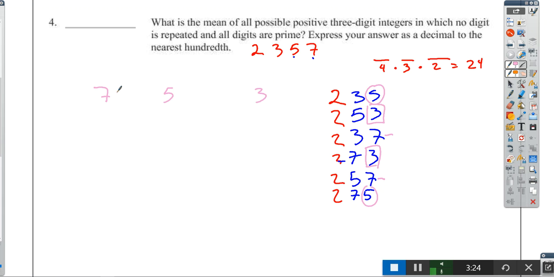So 2 times 2, because the 2s happen twice in this set, this set, and this set. That's 4. It's okay. All right. So I'll have 2 times 3, and that's 6. I'll have 2 times 5, which is 10, and I'll have 2 times 7, which is 14.